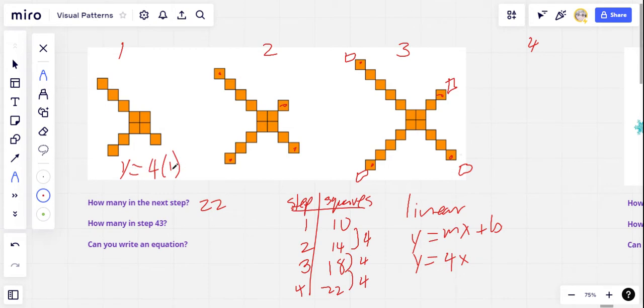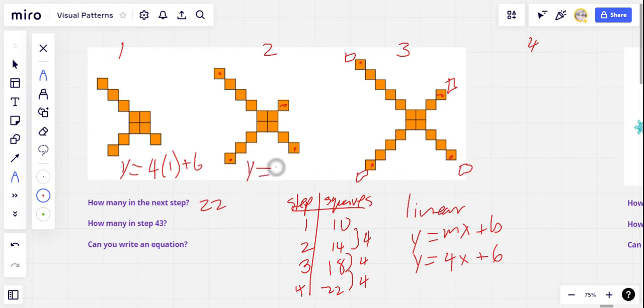So y equals 4 times 1 in step 1. That would only give us 4. So we'd have to add 1, 2, 3, 4, 5, 6 more to get up to the 10 in step number 1. So what that means is this plus b part of the equation, for our equation, it's going to be plus 6. So y equals 4x plus 6 is our equation, but let's test that.